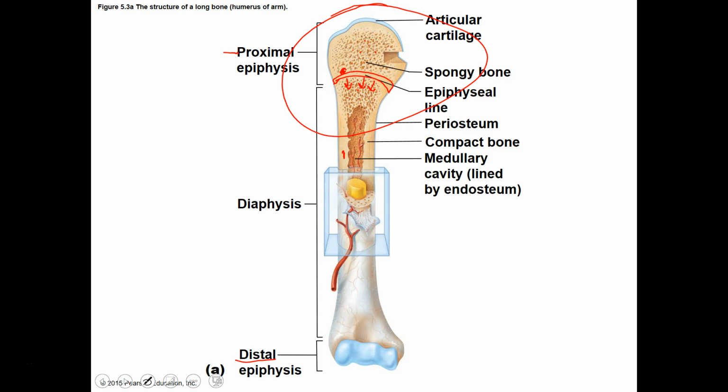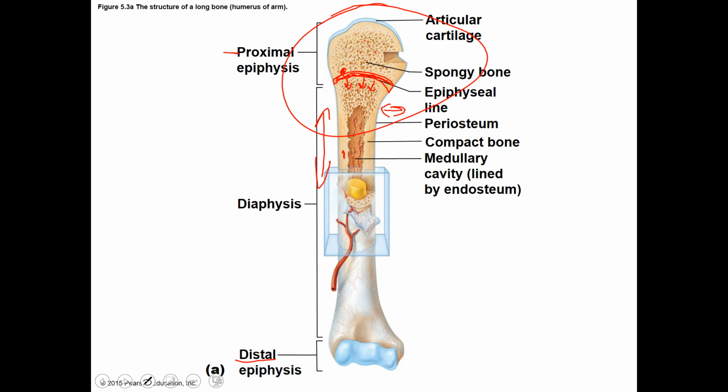Those cells get surrounded by the bony matrix and they actually turn into bone. So as this in here is creating more and more cartilage cells, and they're getting further and further away, it's causing this bone to grow longer this way, and even some from right to left, so it gets wider and longer.